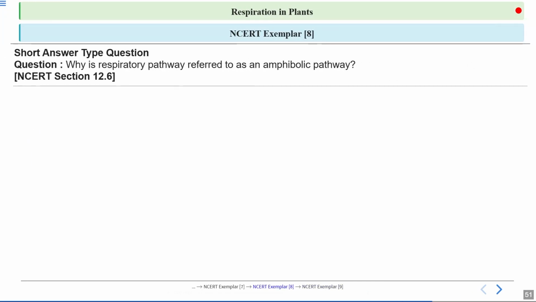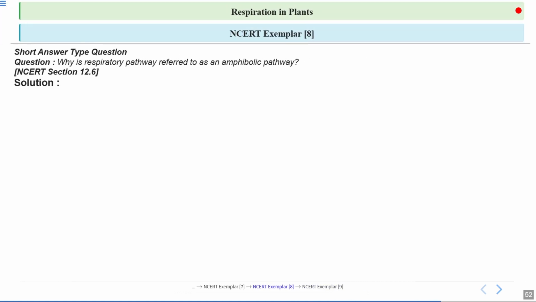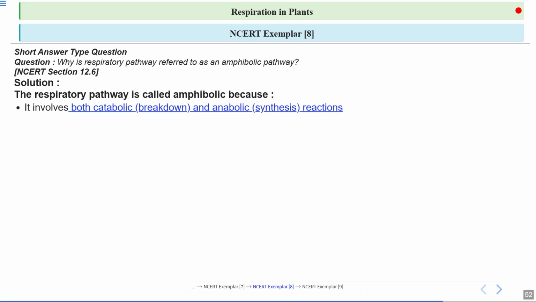So let's see the next question. Why is the respiratory pathway referred to as an amphibolic pathway? Let us look at the solution. Let us see why the respiratory pathway is called amphibolic. This is because it serves both breaking down and building up roles in the cell.